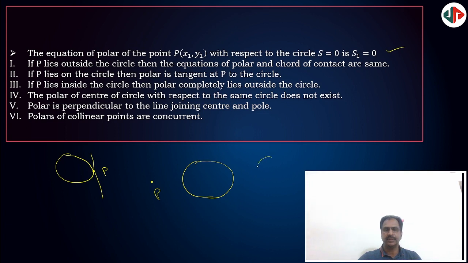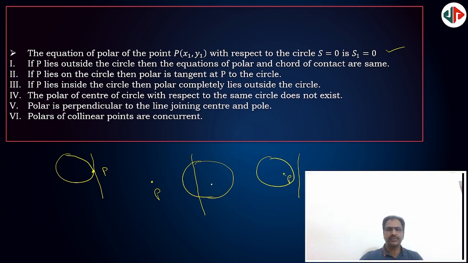If P lies inside the circle, its polar lies completely outside the circle, like this. If P lies outside, the polar and chord of contact will be the same, which will be like this.